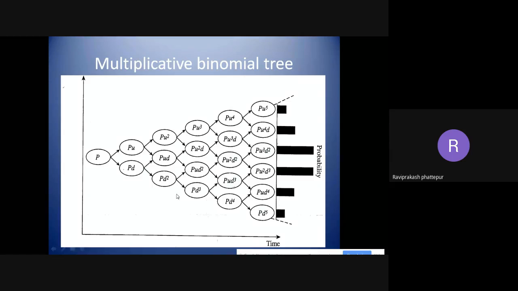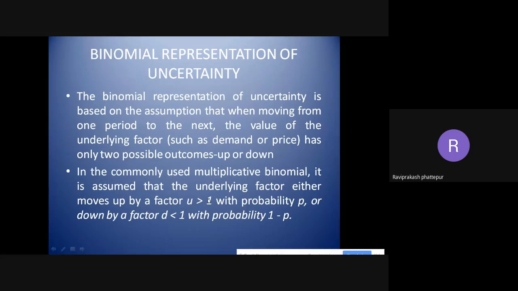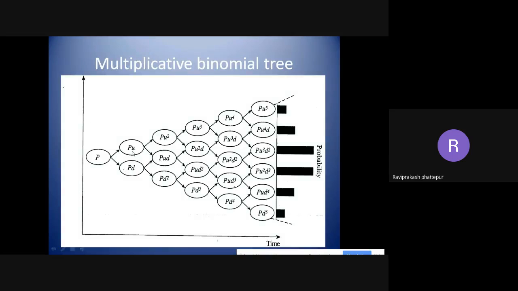Taking this into consideration, we got the multiplicative binomial tree. In the first year it was p, take this as the profits. You saw u is greater than 1, so it will increase, and d is less than 1, so it will decrease.